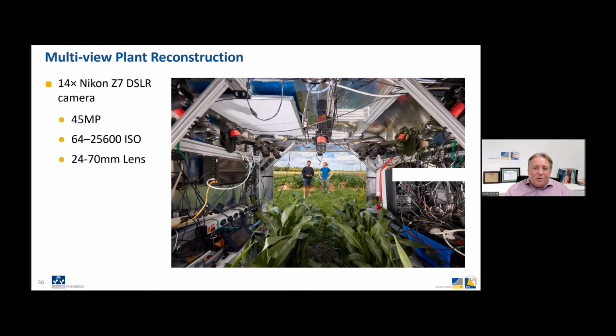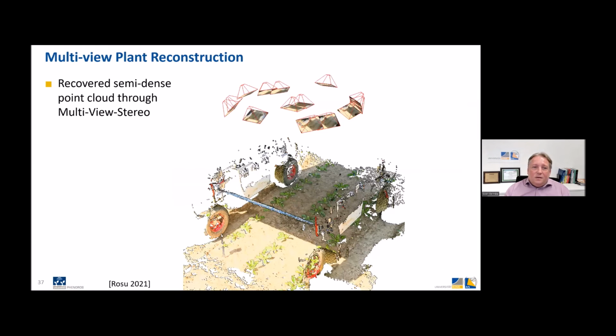Using just 2 cameras is good, but if we have more cameras, like in this PhenoRob ground robot, we can view plants from different sides. So at this point, we have 14 of these 45 megapixel cameras, and we can, using COLMAP, recover semi-dense point clouds through multi-view stereo.